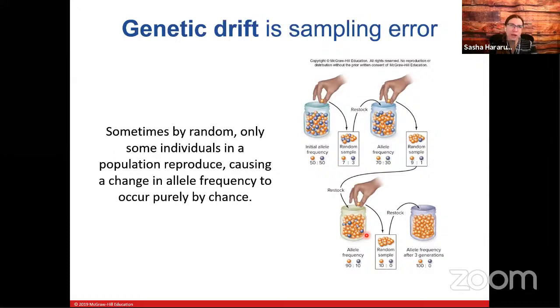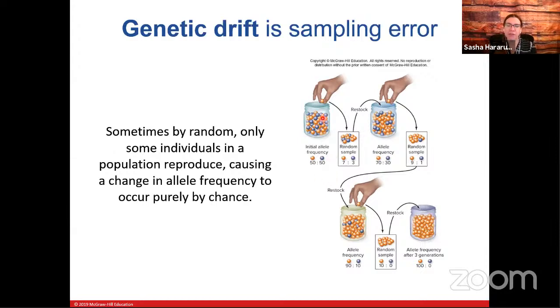Another reason why Hardy-Weinberg equilibrium does not occur in real life is genetic drift. Genetic drift is basically sampling error within the population. Sometimes by random chance, only some individuals in a population reproduce, causing a change in allele frequency purely by chance.